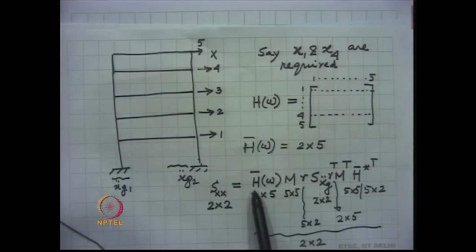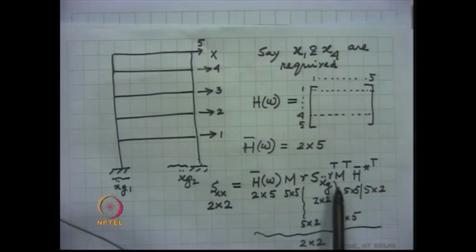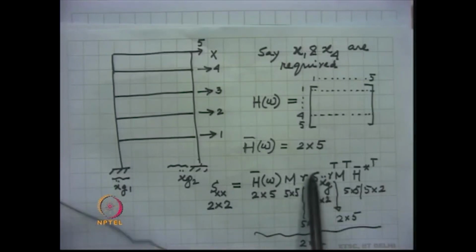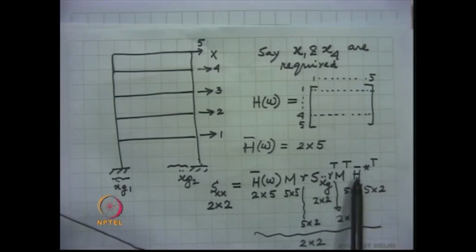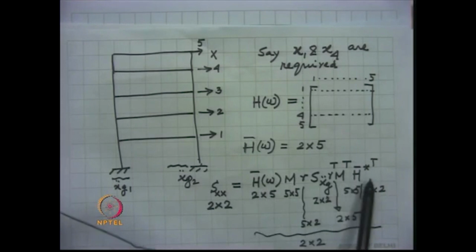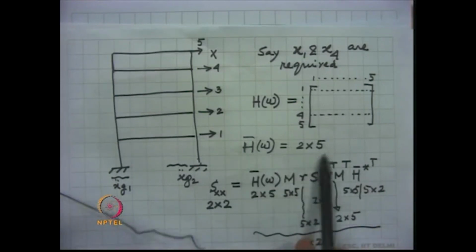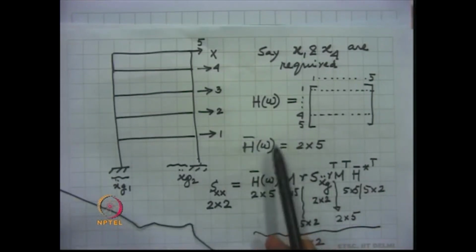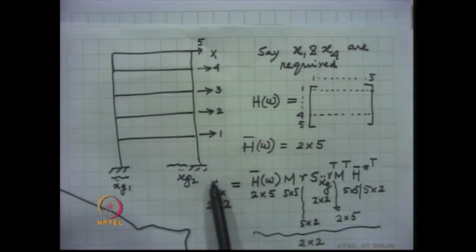It has the same form as equation 4.77 that we just discussed, that is, H m r Sx double dot G, then R t m t H star t. Only in place of H star and H, we now write H bar and H bar star, where H bar is this modified frequency response function matrix.